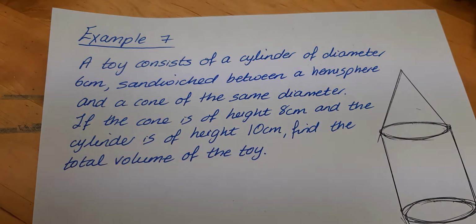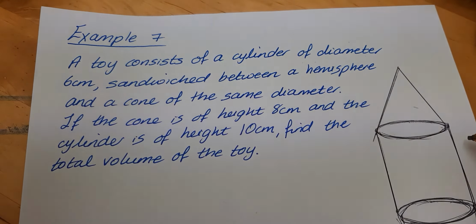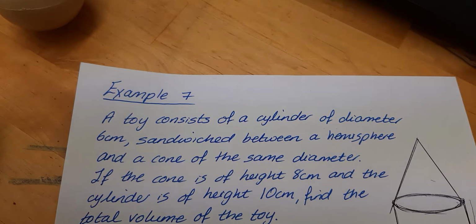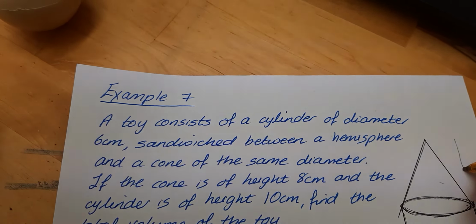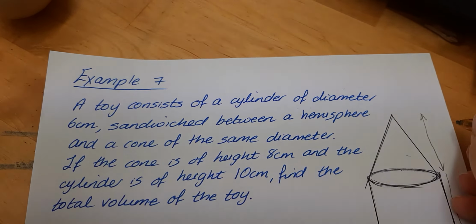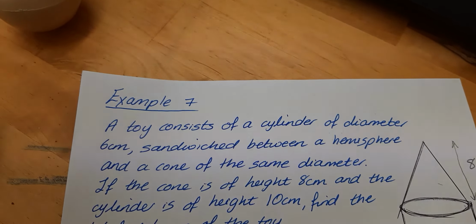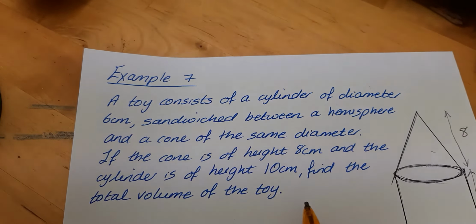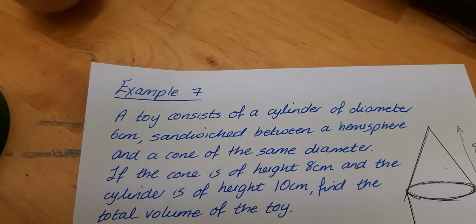If the cone is of height 8, so we have a height here of, oh, which one's 8? Hang on, sorry. Cone has a height of 8, so that's this bit here. It's a height of 8. The cylinder has a height of 10. And that's it. Find the total volume of the toy.